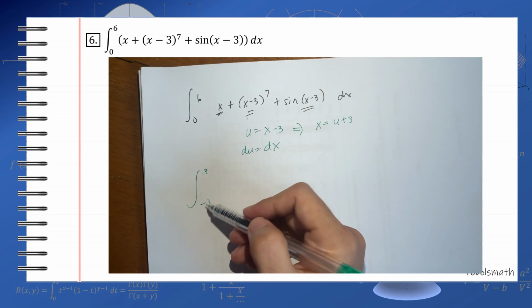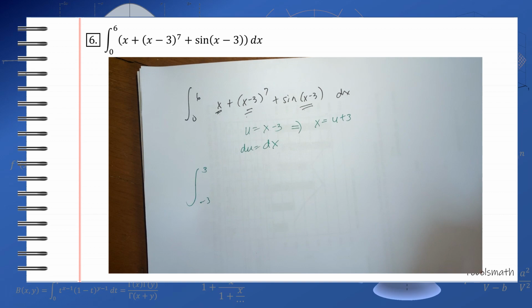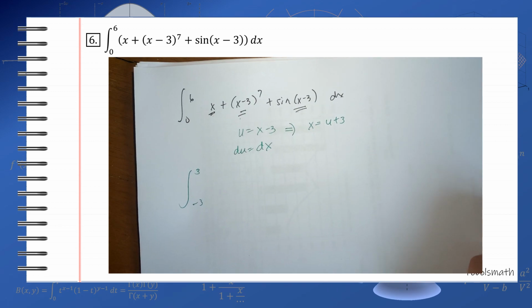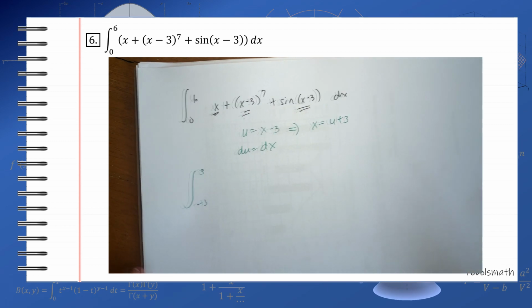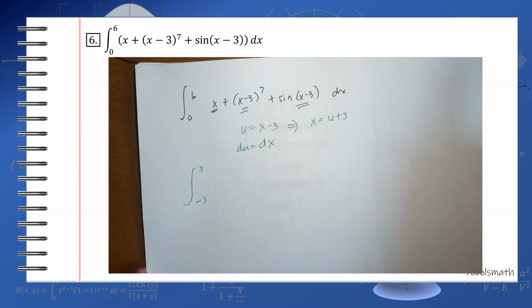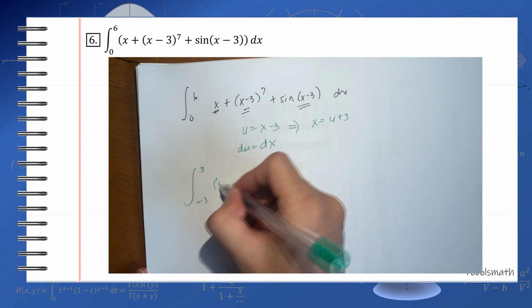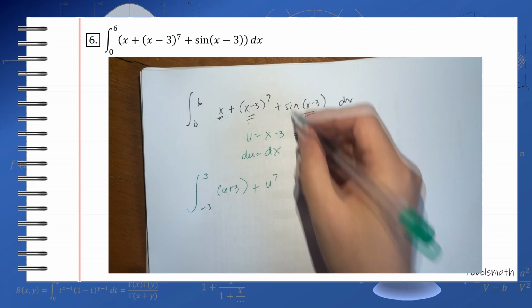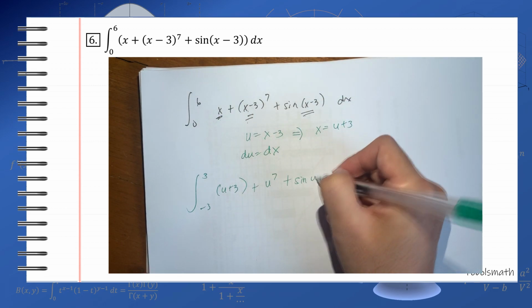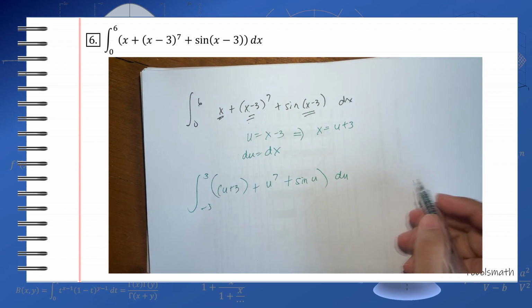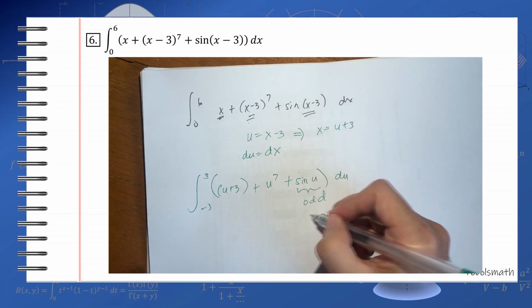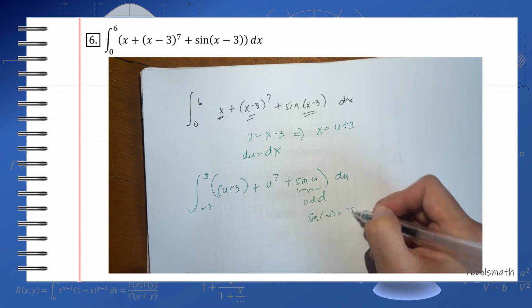Because you have something like negative a to positive a, which if the integrand is odd, then that simplifies to 0. So that's what we will hunt for now. So x becomes u plus 3. This becomes u to the 7, and this becomes sine u du. This is odd because sine of negative u is equal to negative sine u.